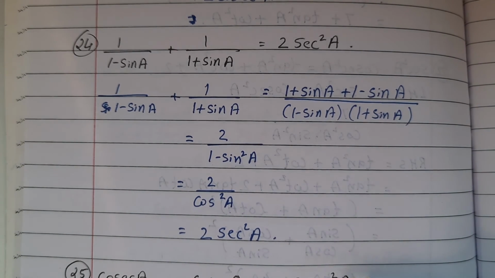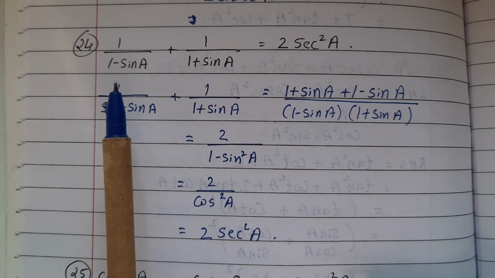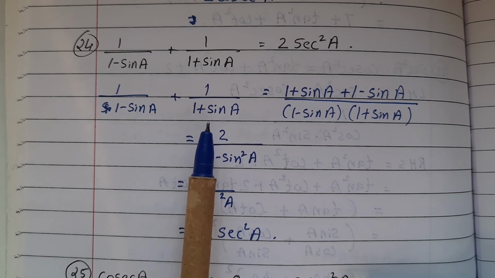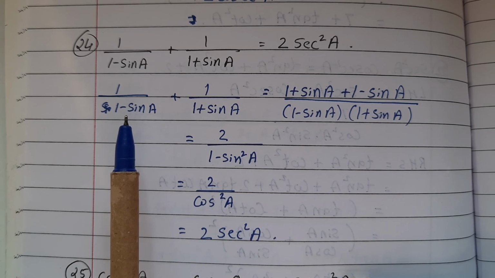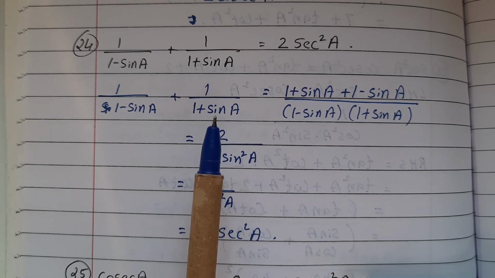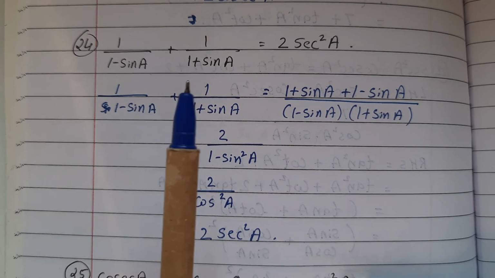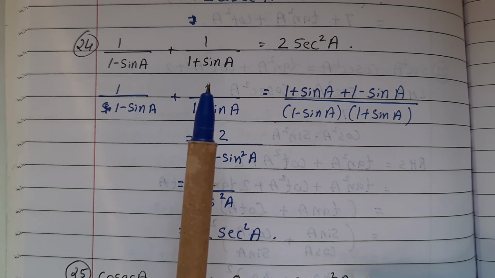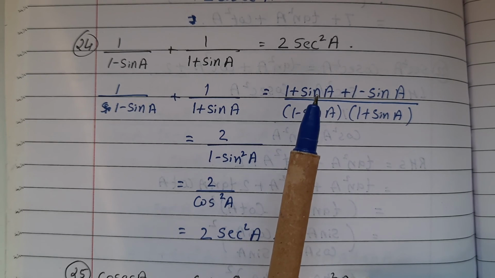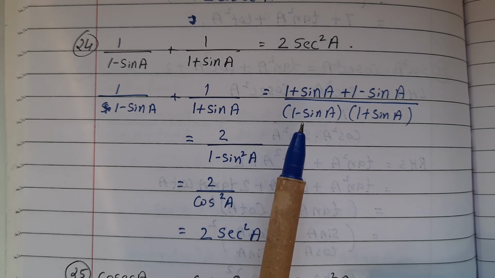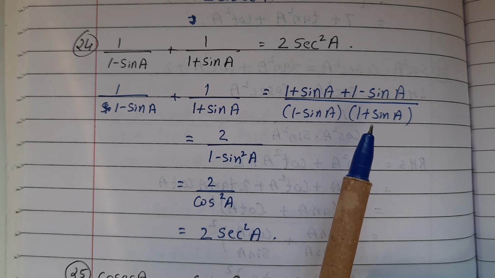Sum number 24. Left hand side is equal to 1 upon 1 minus sin A plus 1 upon 1 plus sin A. LCM of the denominator is (1 minus sin A) into (1 plus sin A). Therefore, this term multiply and divide by 1 plus sin A. This term multiply and divide by 1 minus sin A. Therefore, in the numerator we will get 1 plus sin A plus 1 minus sin A upon (1 minus sin A) into (1 plus sin A).